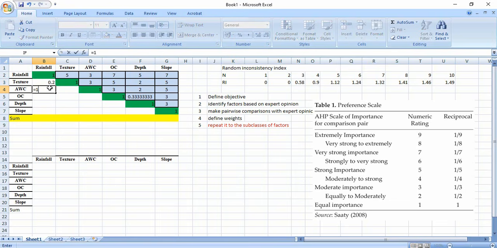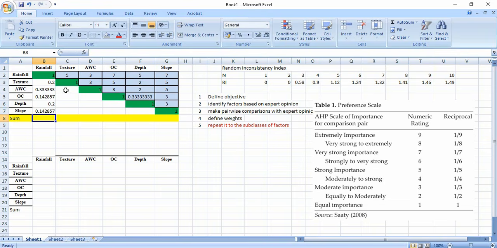Similarly, this is equal to 1 by this. Here also it is equal to 1 by this, 1 by this, 1 by this.